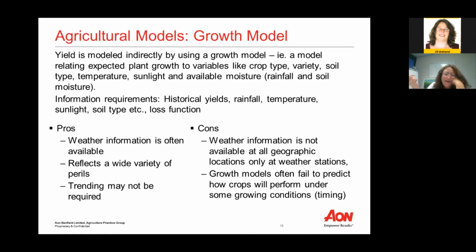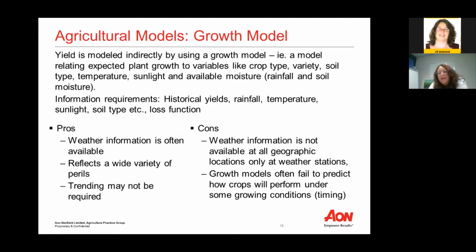The cons, again, is all about whether the data is available at the unit that you want. If you only have, say, 4 weather stations in each county or in each state in India, then there's a lot of weather variation that is not going to be known. Weather is very local, so the more weather stations you have, the better.